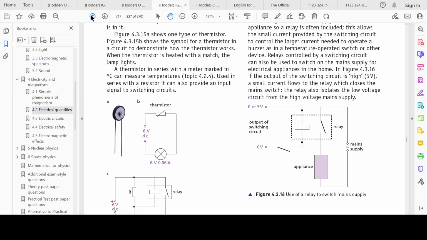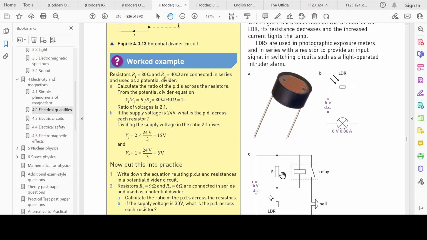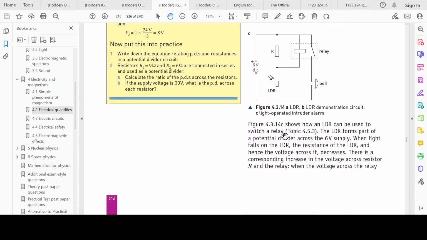And we go and look back at the use of LDRs in a relay. So this setup over here shows how an LDR can be used to switch a relay. The LDR forms part of a potential divider across a 6-volt supply, right? And this here's the LDR. When light falls on the LDR, the resistance decreases and hence the voltage across it also decreases.